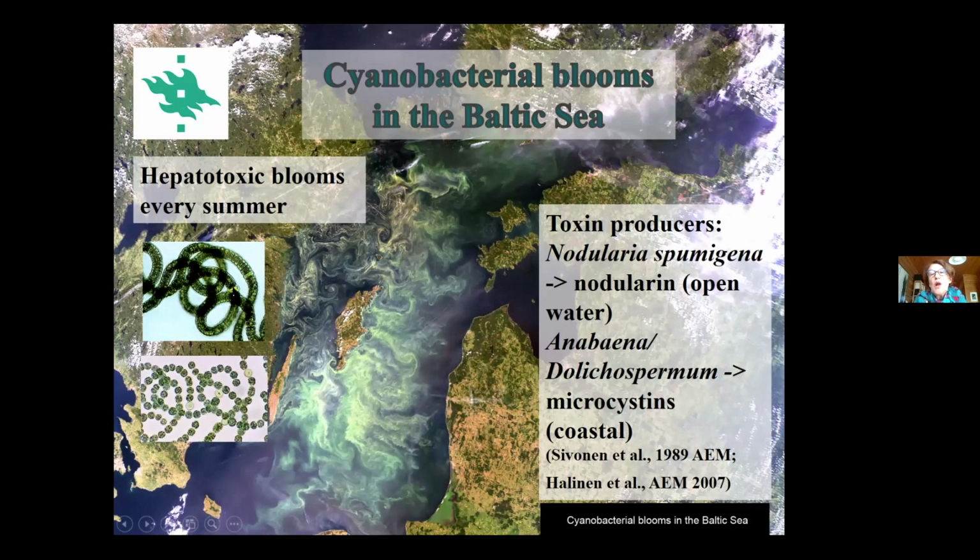There is Nodularia spumigena, which produces nodularin and occurs in the open waters of the Baltic Sea. Here is Sweden, Gotland Island, the Baltic countries, and Finland over here. And in the coastal areas, we have also found Anabaena and Dolichospermum, which are microcystin producers present in the Baltic Sea.